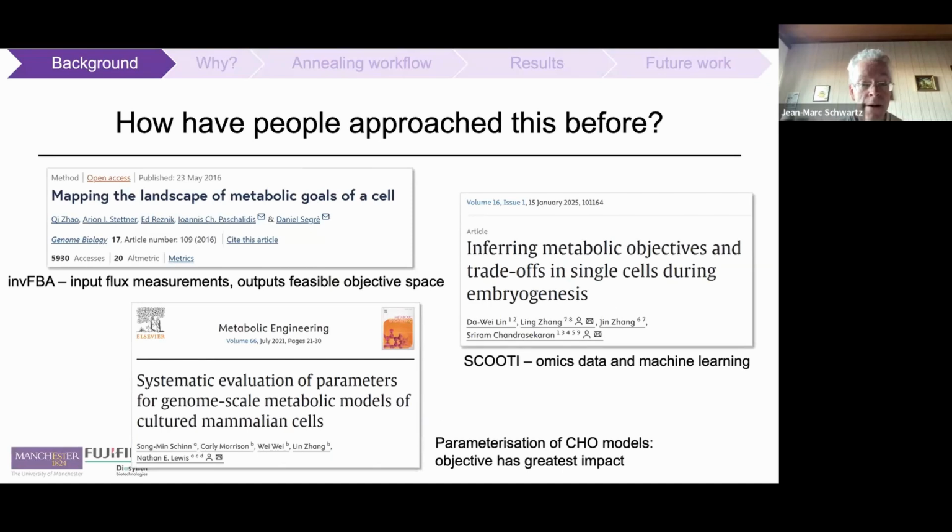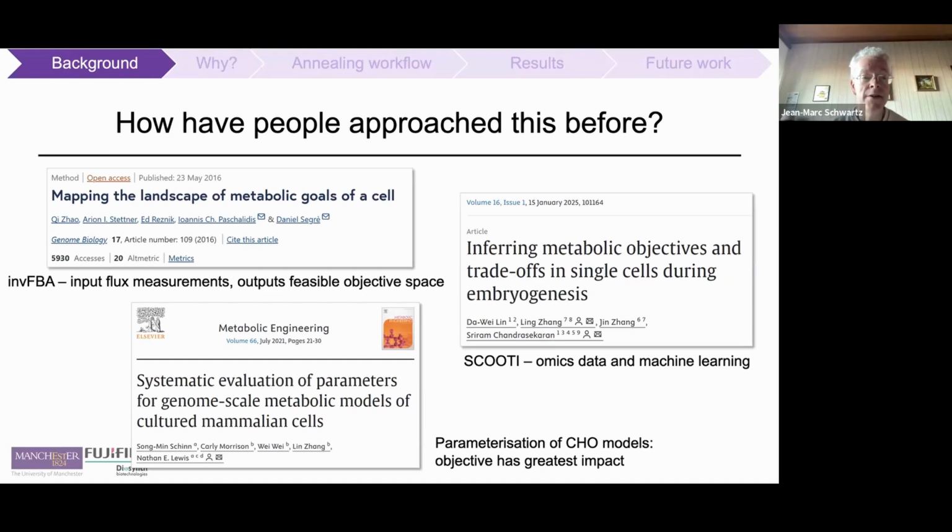Another piece of background is that this question is not new. This has already been approached by some other people before. Here are just a few examples. There was in 2016 this paper you can see on the top left, which was introducing something called inverse FBA or INV-FBA.